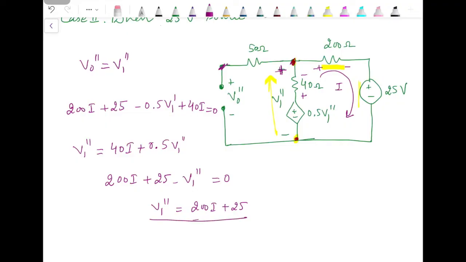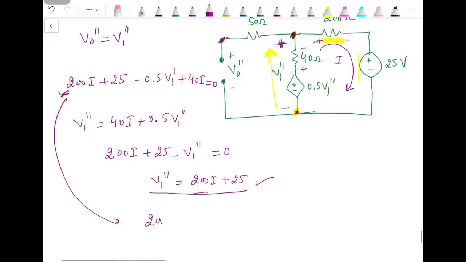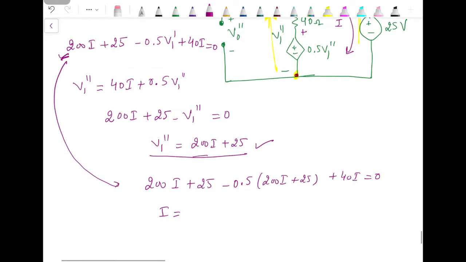Say if I use this value of V1 double dash in this equation, then it becomes 200 I plus 25 minus 0.5 into (200 I plus 25) plus 40 I equal to 0. This will give us the value of I as minus 0.089 amperes.